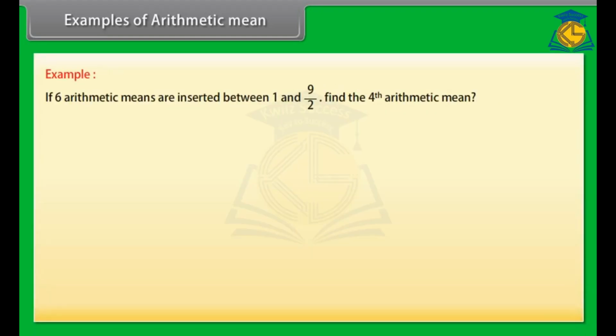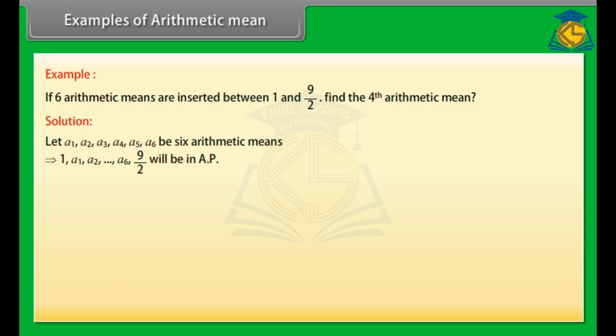Example of arithmetic mean. If 6 arithmetic means are inserted between 1 and 9 by 2, find the 4th arithmetic mean. Solution: let A1, A2, A3, A4, A5, A6 be the 6 arithmetic means. It implies 1, A1, A2 up to A6, 9 by 2 will be in arithmetic progression.